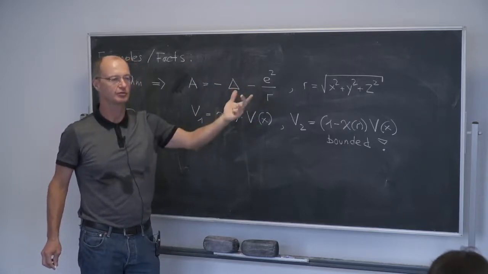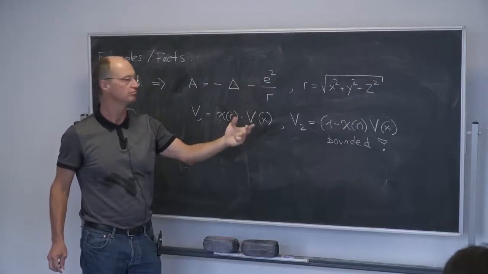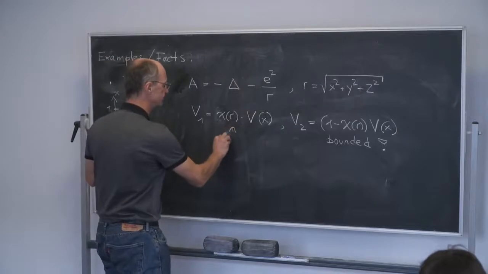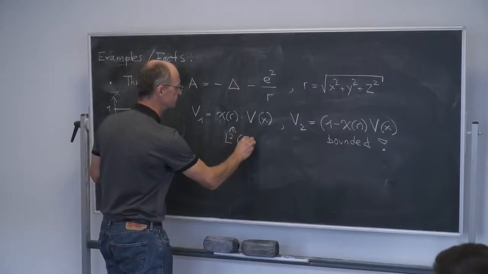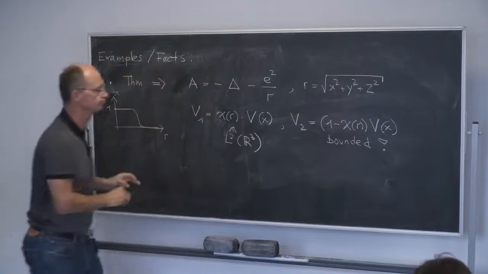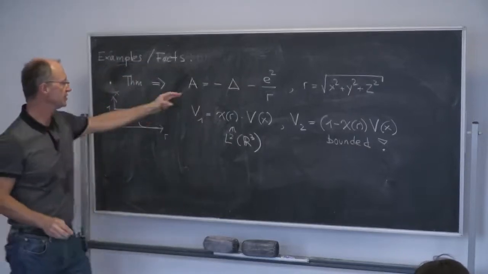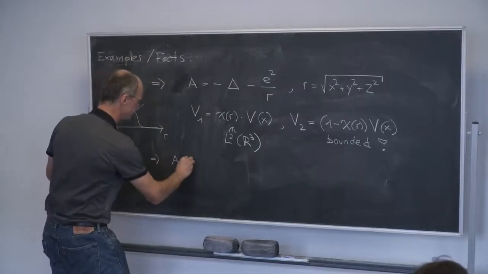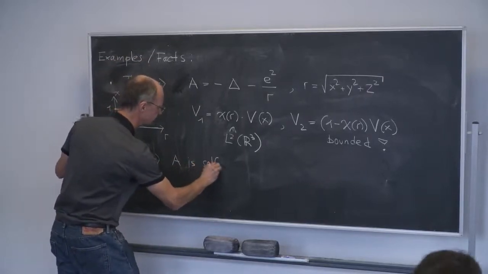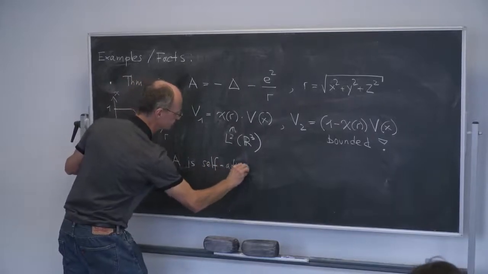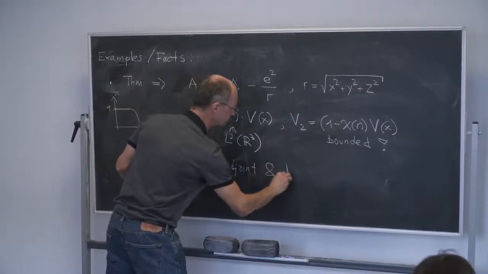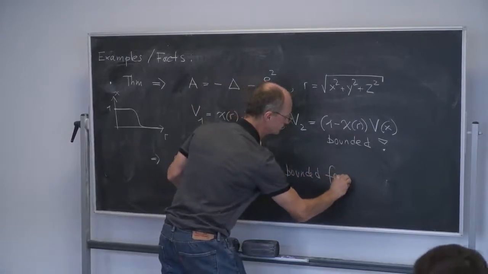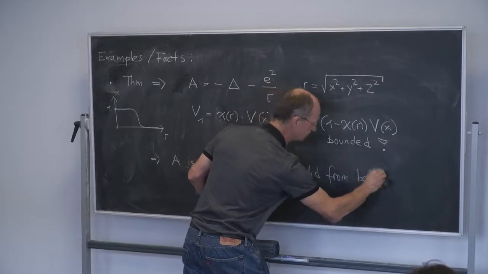In the volume integral, you have r squared dr. So this guy is square integrable. So this means that this operator is self-adjoint, and bounded from below.